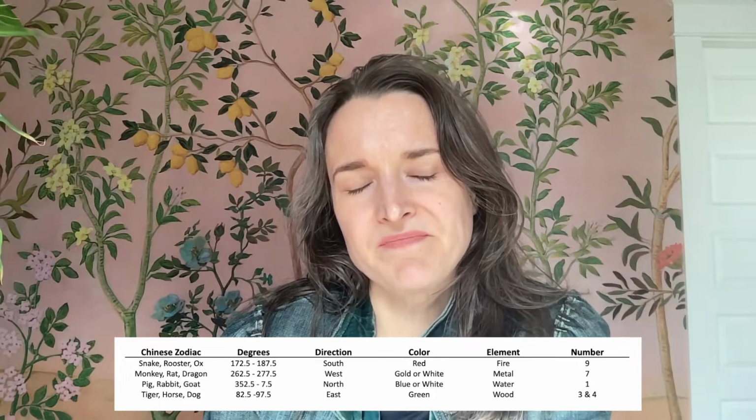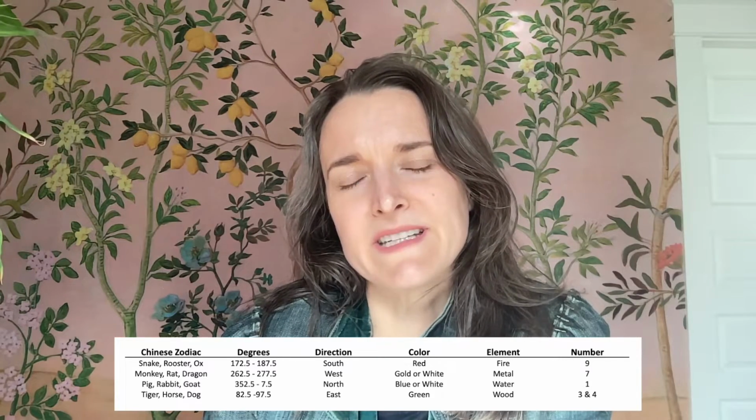So let's take this chart here. This is what we're going to use to locate your personal peach blossom direction for the year that you were born, and it also gives us the element of that energy and how you can work with it. I'll go over that in a little more detail.